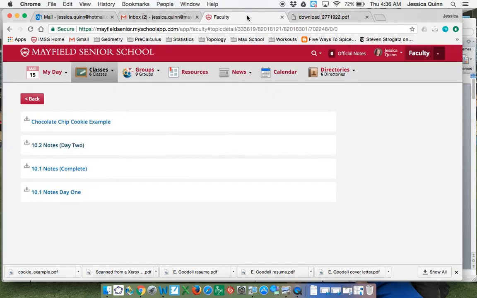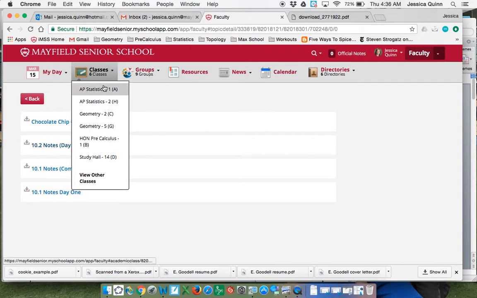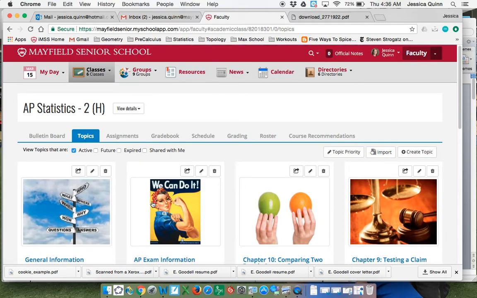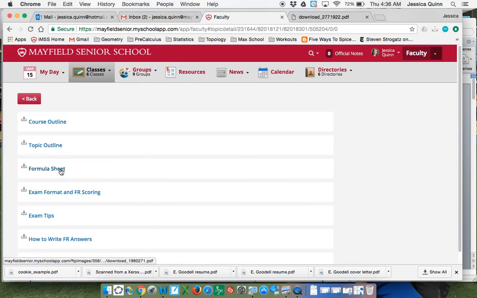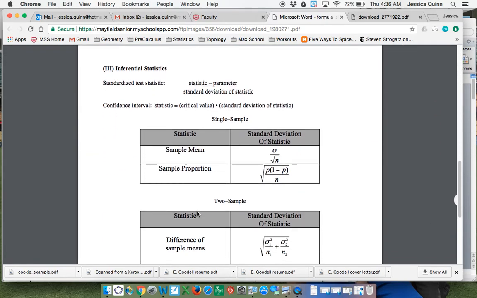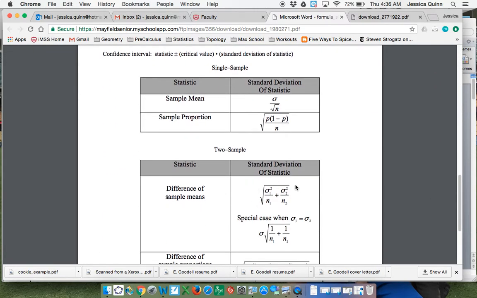I'm pretty sure that's on the formula sheet. Let me look real quickly. So, there we go, that's just right there, okay?